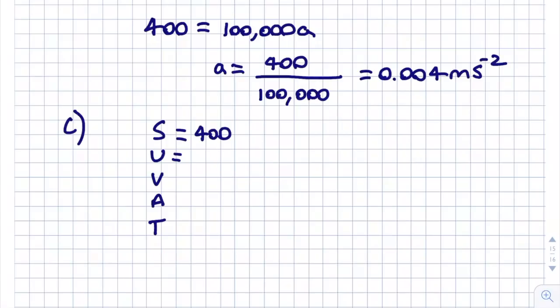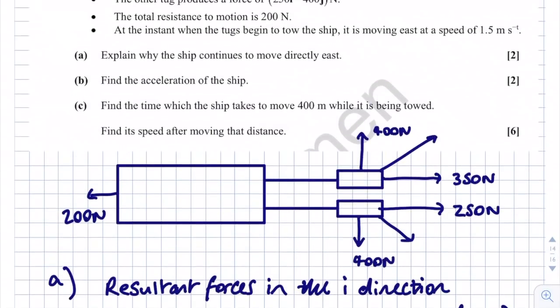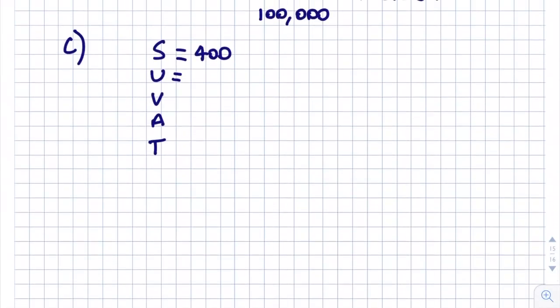U, which is the initial velocity, we are told in the question. We're told at the instant when the tug begins to tow the ship, it is moving east at a speed of 1.5 meters per second. So that is our initial velocity. V, our final velocity, we don't know yet. And our acceleration we just worked out in the previous part, which is 0.004 meters per second squared. And time is what we're trying to work out.